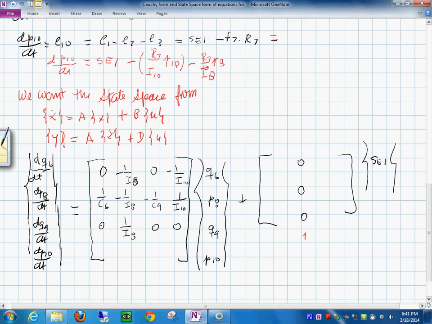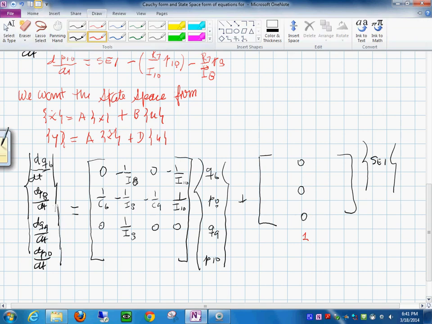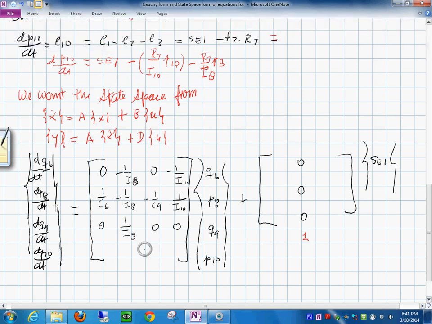This is a 1. And then finally, the last equation is this one here. So SE1, we have a 1. At P sub 10, we have, well, this P sub 7. We have 1.